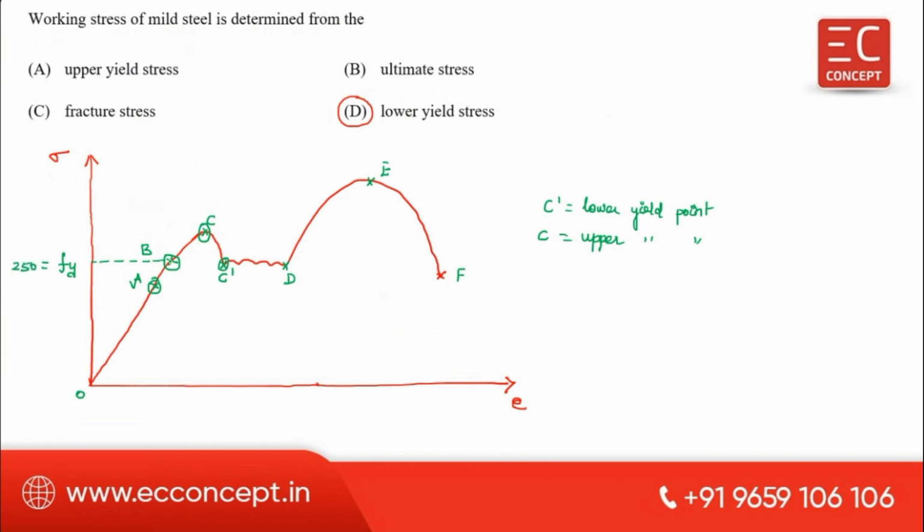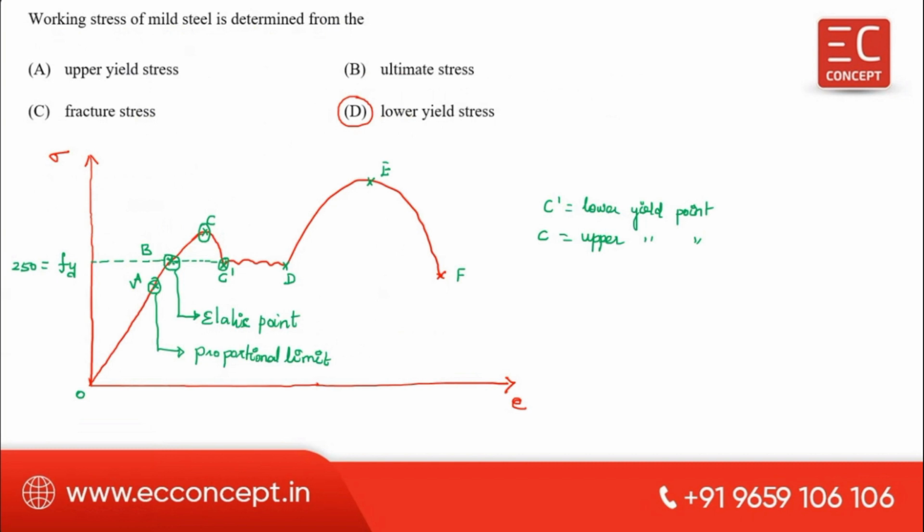This yield stress coincides with the lower yield point, meaning the lower yield point and the elastic point lie approximately on the same line. So point B is the elastic point, and point A is the proportional limit.